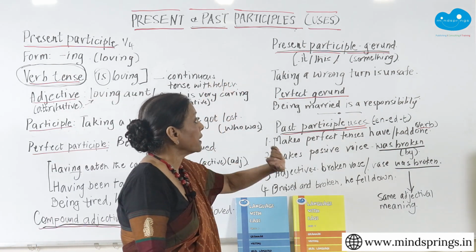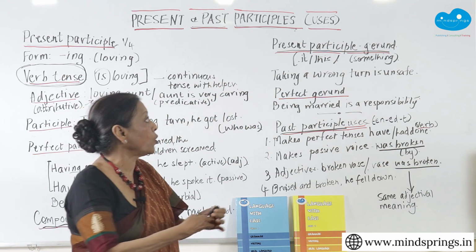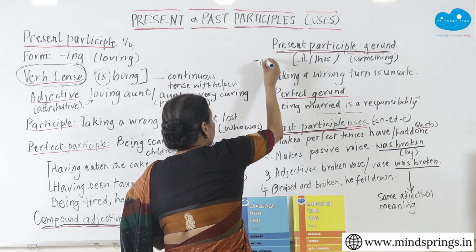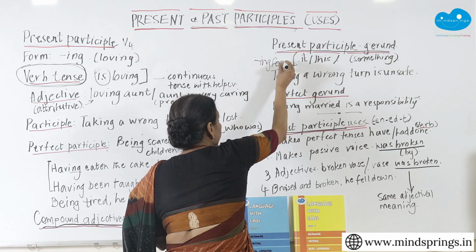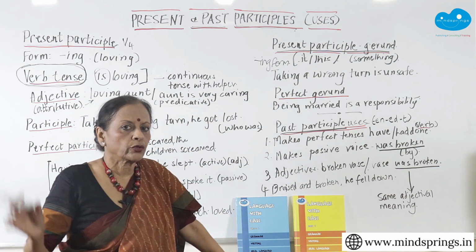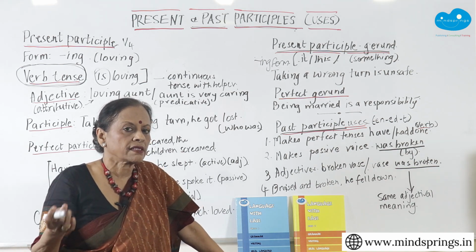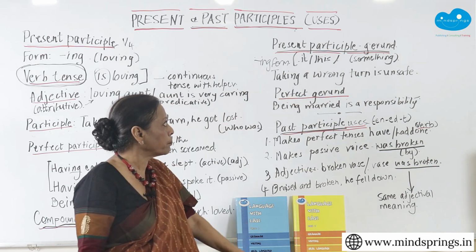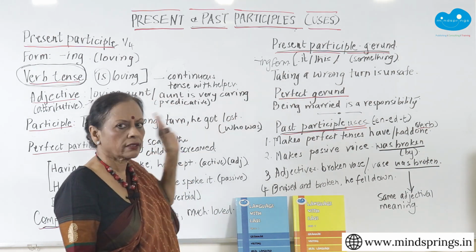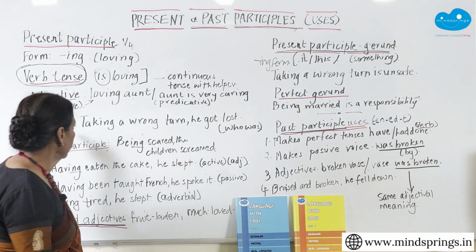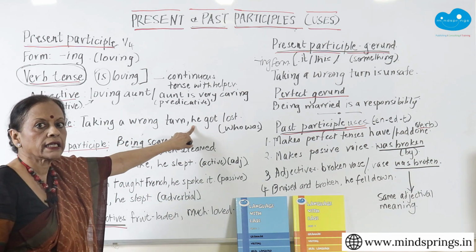The present participle gerund is also an ing form. Same form. It can be substituted, like I told you, with it, this, something, someone, something like that. Here is an example. Taking a wrong turn, I have used the same one, taking a wrong turn. Now, there when we did taking a wrong turn, we hit he.